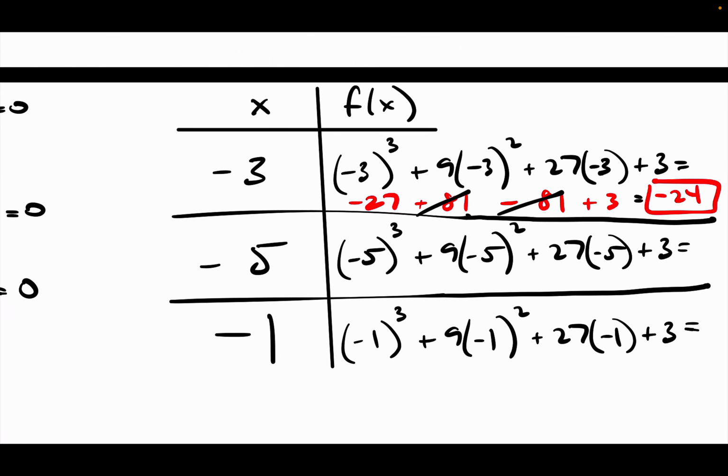-5. -5 cubed is -125. -5 squared is 25 times 9. It's 225. 27 times 5 is, what was it? 135? -135, plus 3.